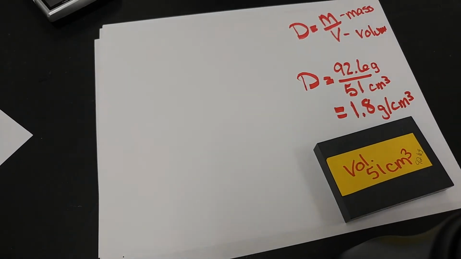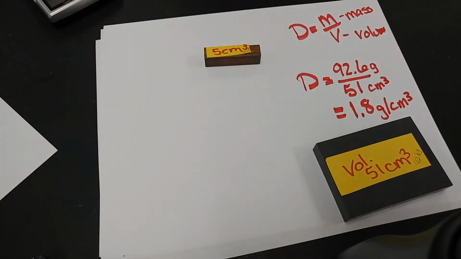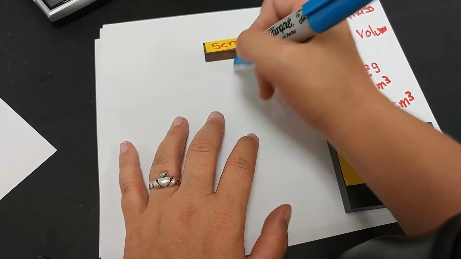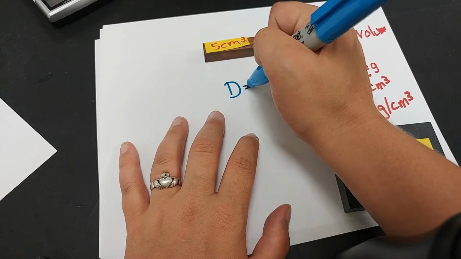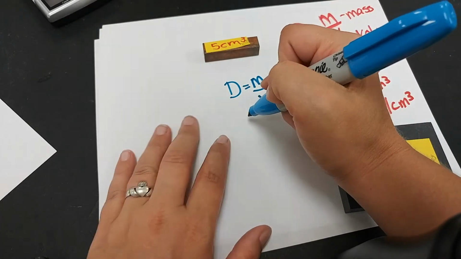All right, so let's find the density of our next object. Let's switch colors so we got different math here. All right, so density of our little metal rod. So density, once again, is mass divided by volume.